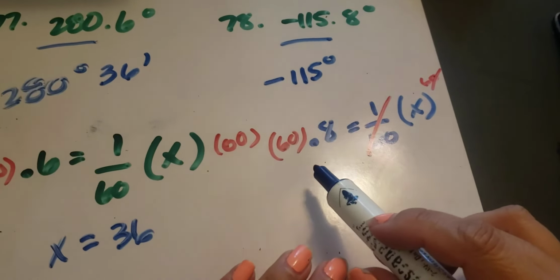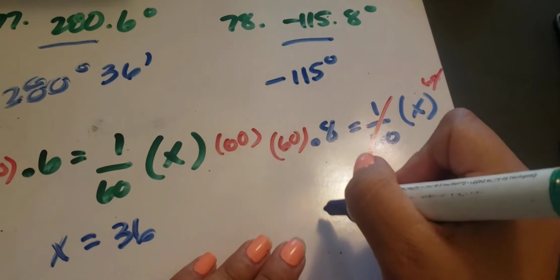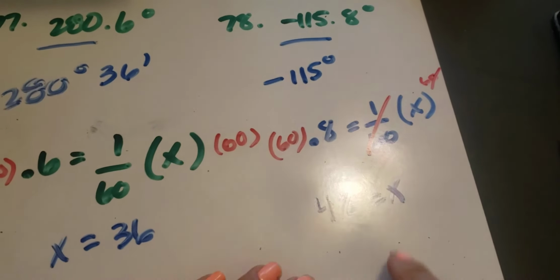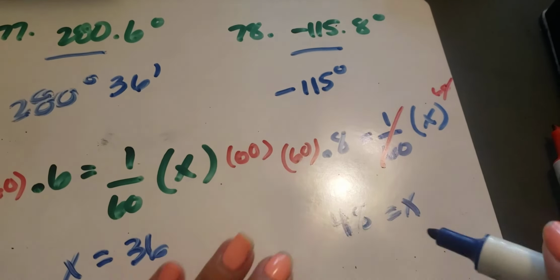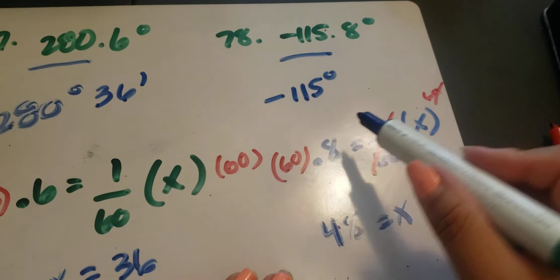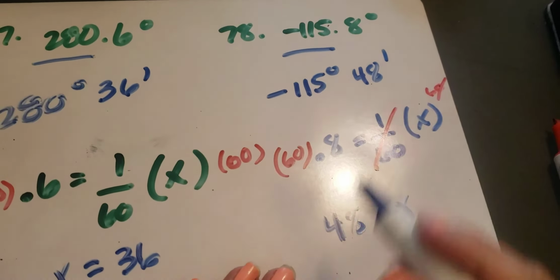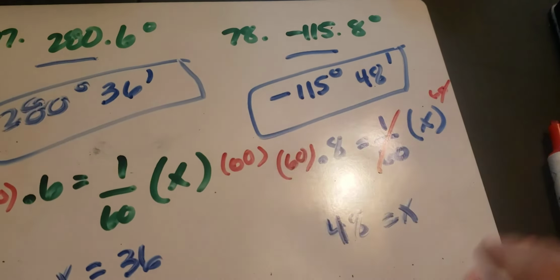So 60 times 0.8 would be 48. And so that's 48 minutes. Okay. So basically what it's going to look like is negative 115 degrees and 48 minutes. Okay. And that's my final answer.